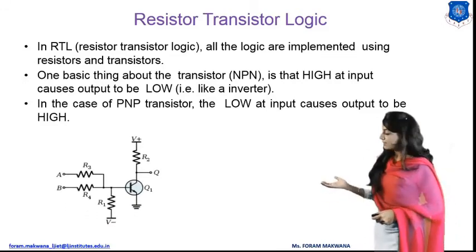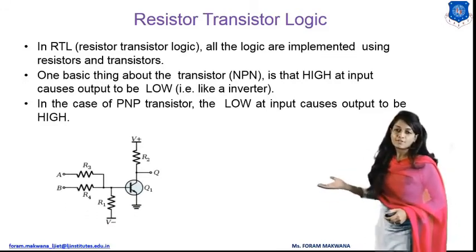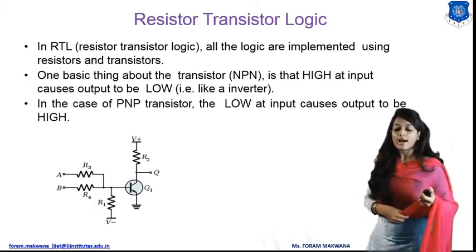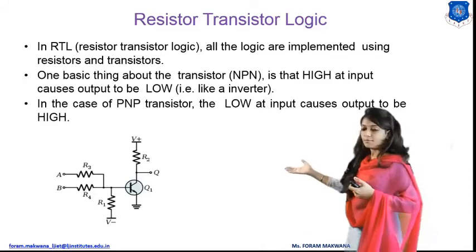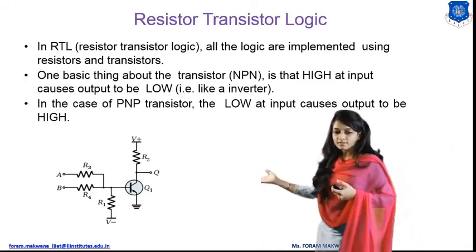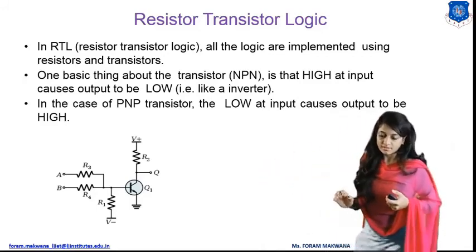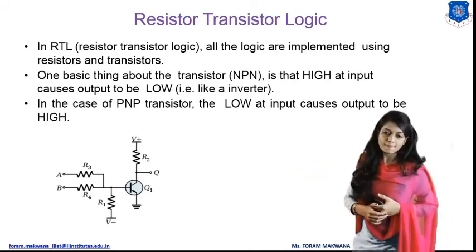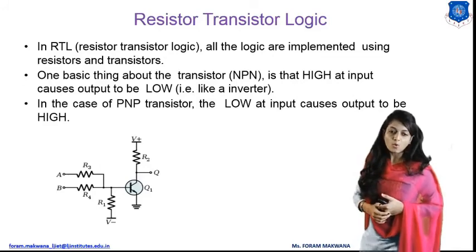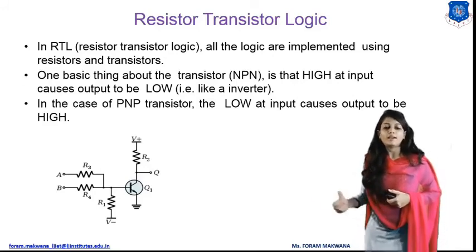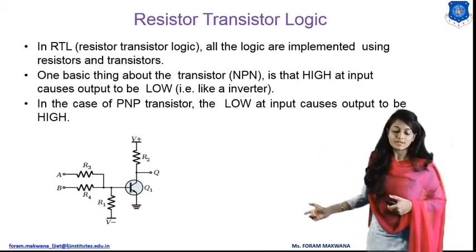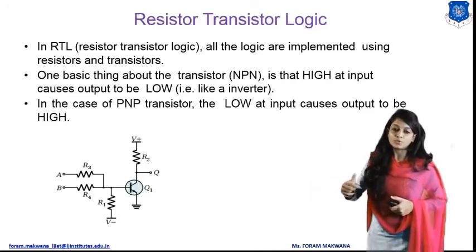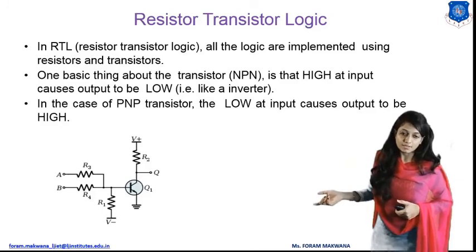So this is the circuit diagram of resistor transistor logic. We can say that the IC is made up of this transistor and the resistor. I can say this transistor is the NPN transistor. How? I identify it with the help of the arrow on the emitter side. This is my NPN transistor, as my arrow is in the outward direction on the emitter terminal.